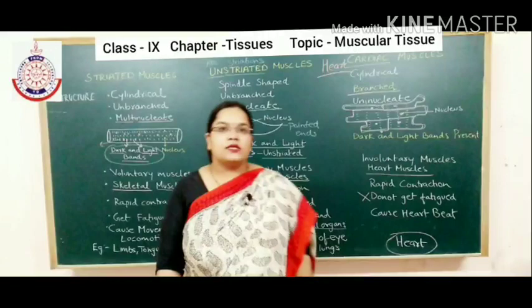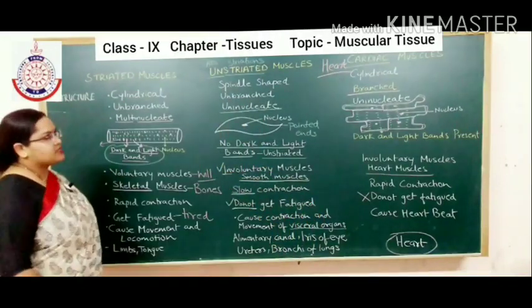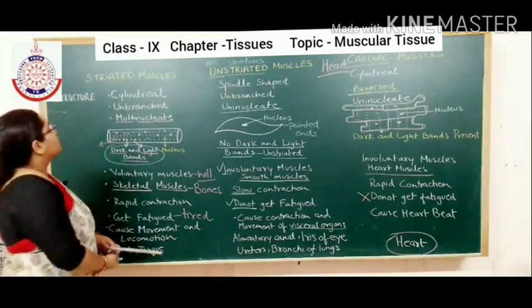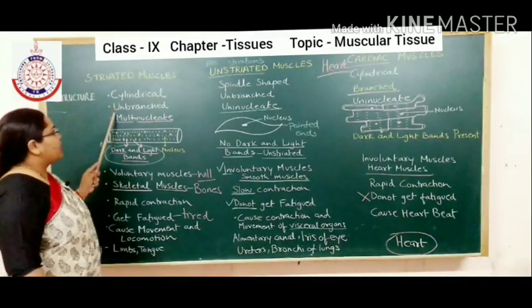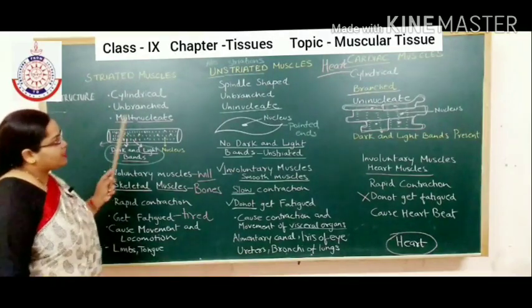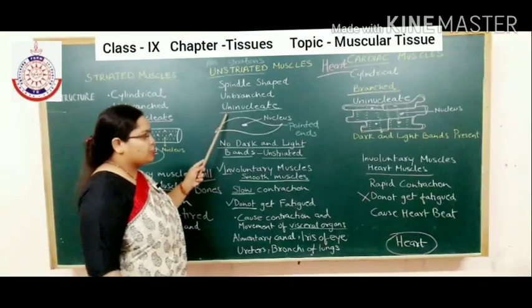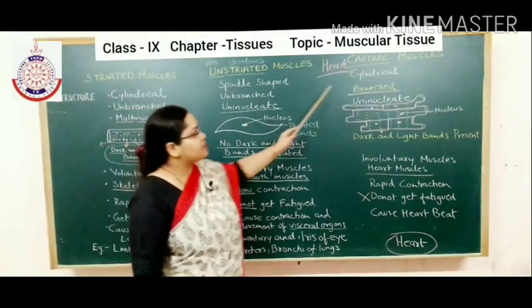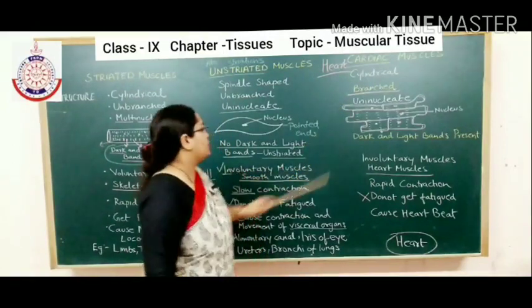I hope muscular tissue is clear to everyone: the striated, unstriated and cardiac muscles. First of all, their structure. Striated muscles are cylindrical, unbranched and multinucleate, whereas unstriated are simple, unbranched, uninucleate, and cardiac muscles are cylindrical, branched and uninucleate.